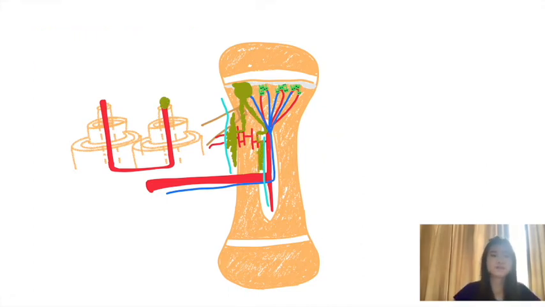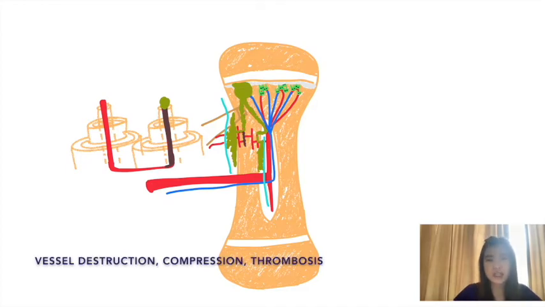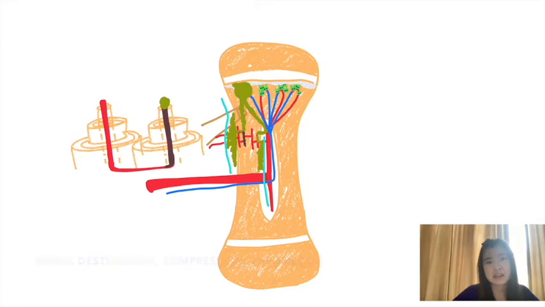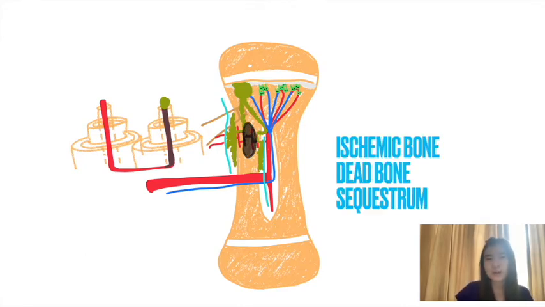So this is another way the pus going inside causes damage. If there's anything clogging your vascular supply or artery, what will it cause? Ischemia, of course. So there's ischemia and bone death after all. What do we call it when there's bone death? We call it sequestrum. So here's why sequestrum is formed.